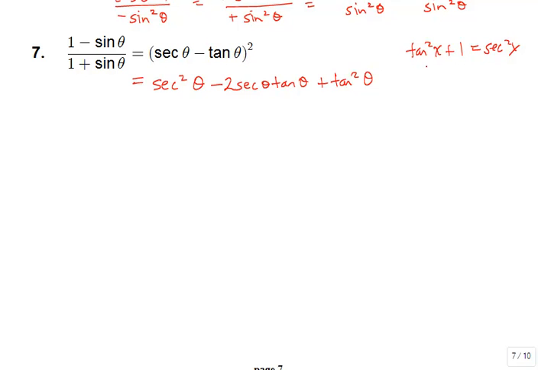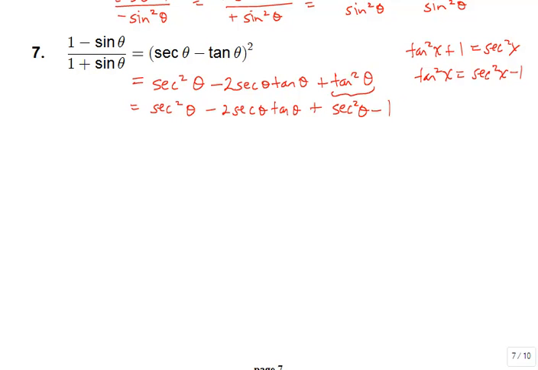So just take your pick here. I'm going to do it on the end here. I'm going to take this tangent squared and change it into a secant squared minus 1. Now just because I'm doing it this way doesn't mean this is the only way to get your answer. There are other ways to solve this.